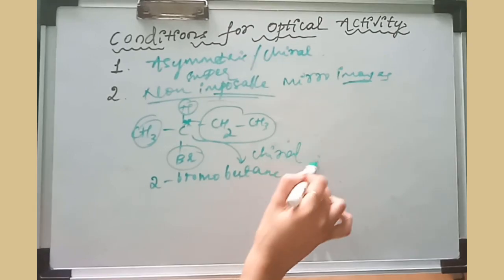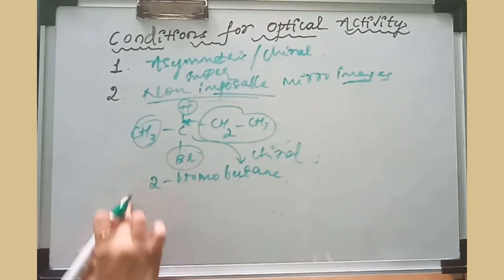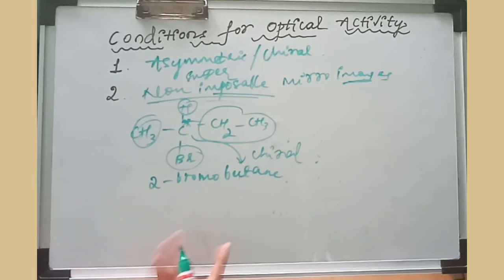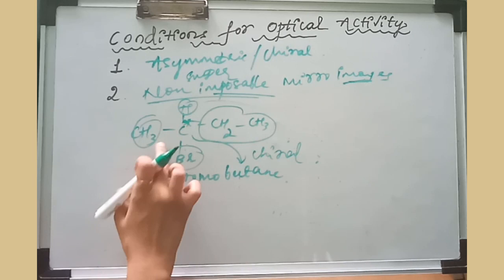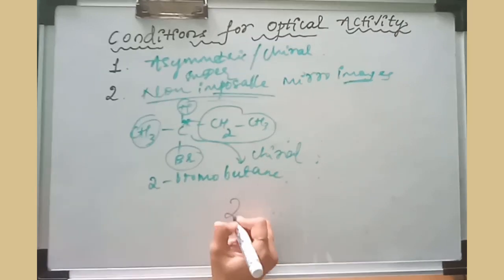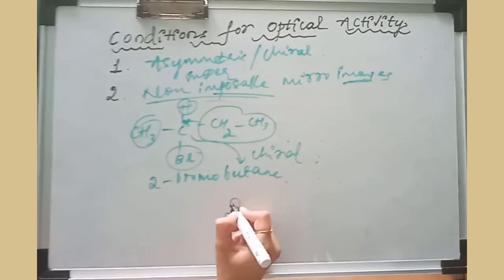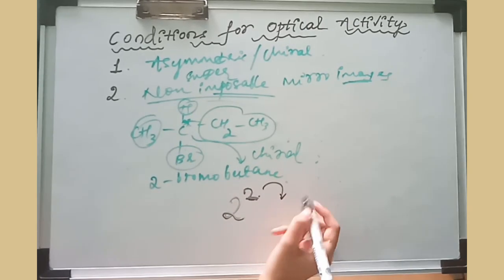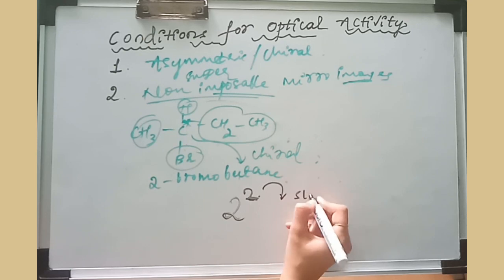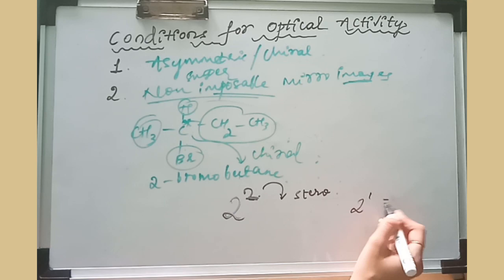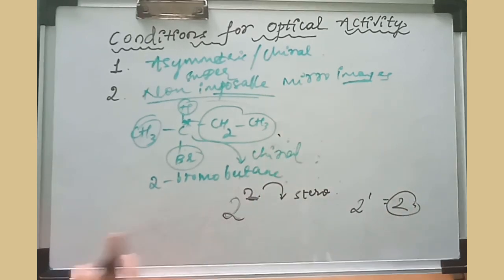Molecules having a chiral carbon will have isomers. How many optical isomers are there? This is useful for the entrance exam. You can just remember 2 raised to n, where n stands for the number of stereogenic centers. For example, here it is 1, so 2 raised to 1 is 2. That means 2 optical isomers are there.